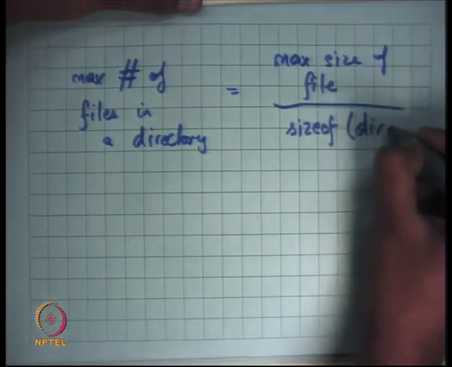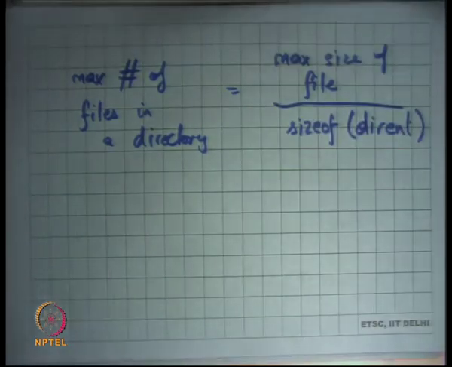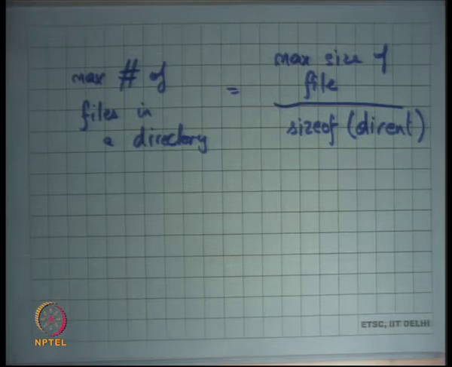Let me call it dirent. Right? Whatever the maximum size of file you can support, that's the amount of space you have for storing directory contents, and so you can have that many entries inside a directory.